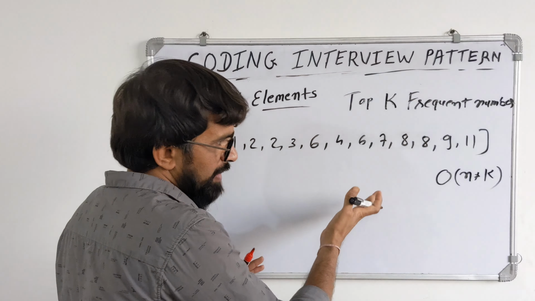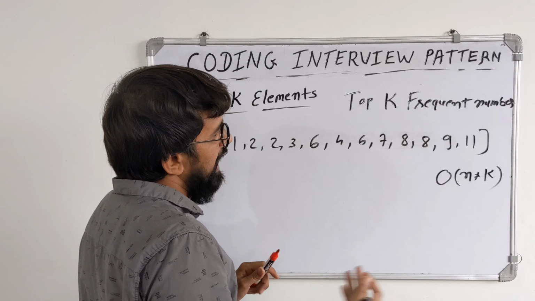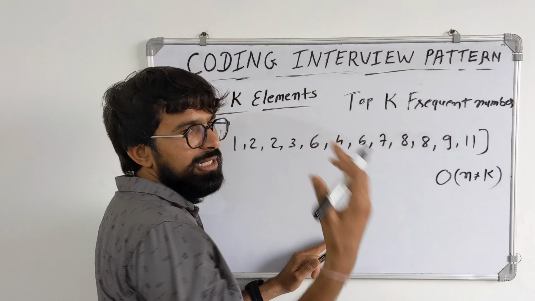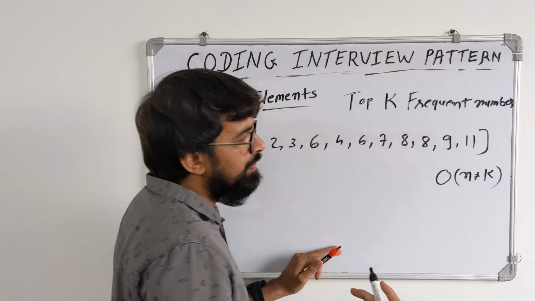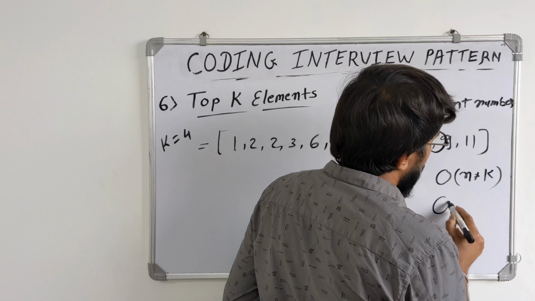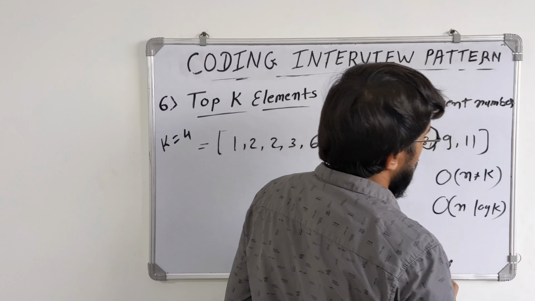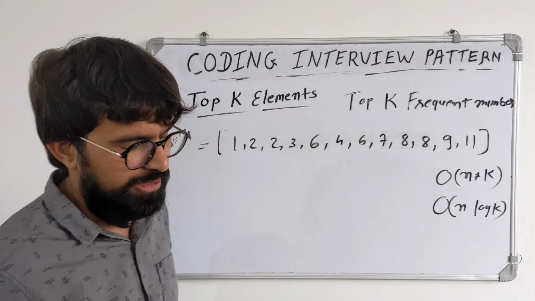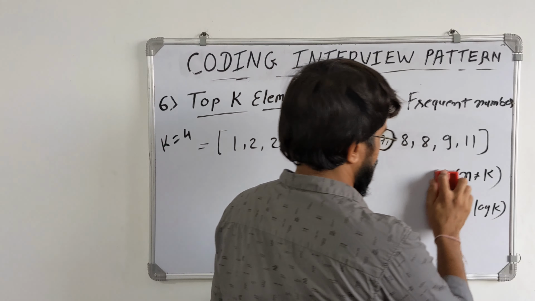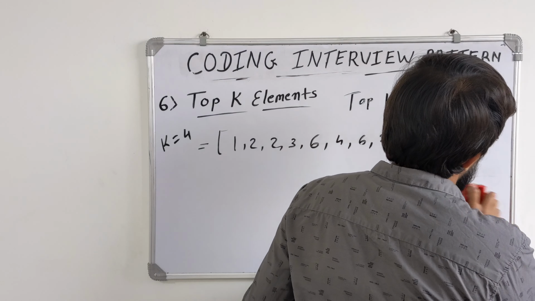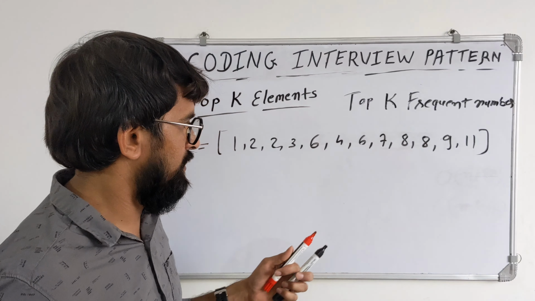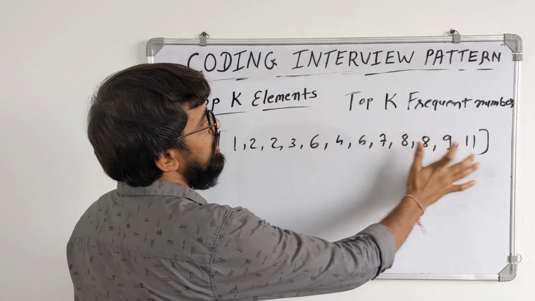So we'll use the hash map in our solution also, but after that we will use the top k elements technique, where we use the minimum or maximum heap, and in that way we'll be able to get big O of n log k time complexity. Let's see how we can use it. So first we will prepare the hash map, where we need the frequency of each number.